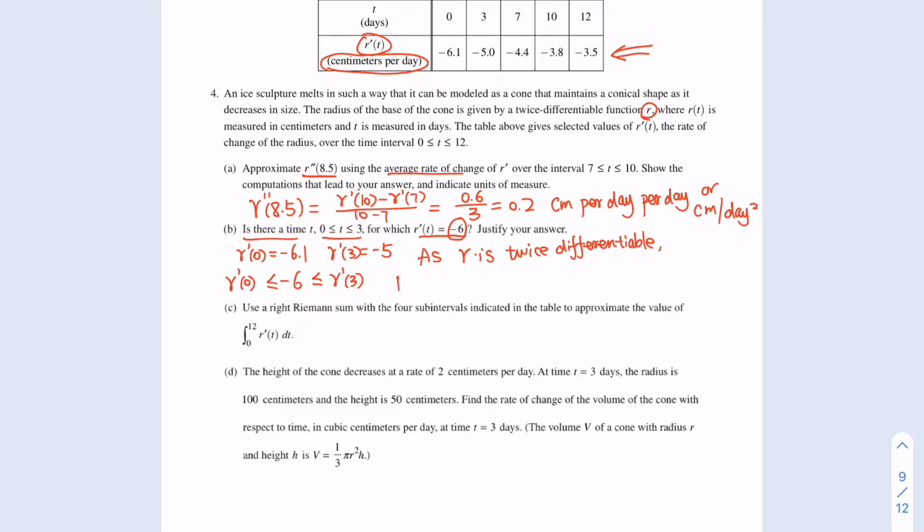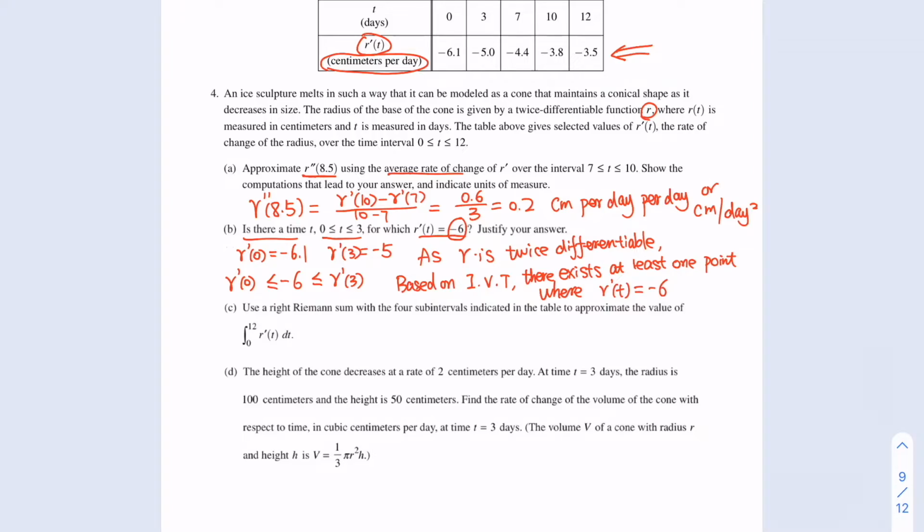In this case, based on the intermediate value theorem, there exists at least one point where r prime of t equals -6.